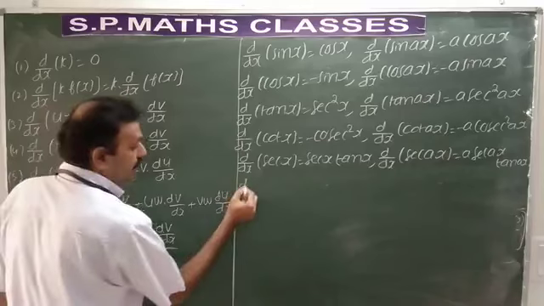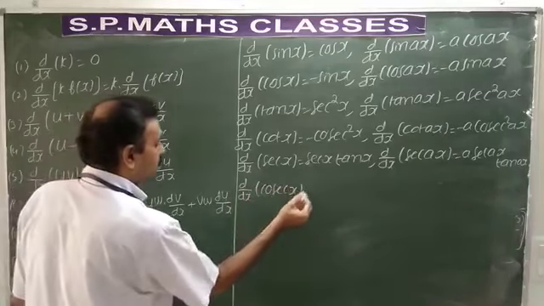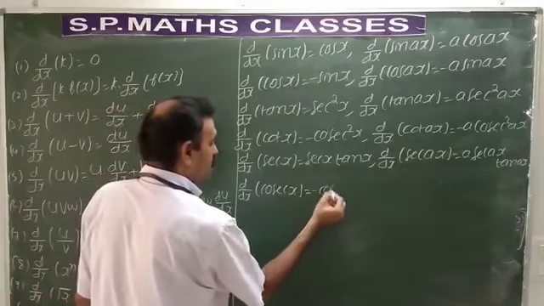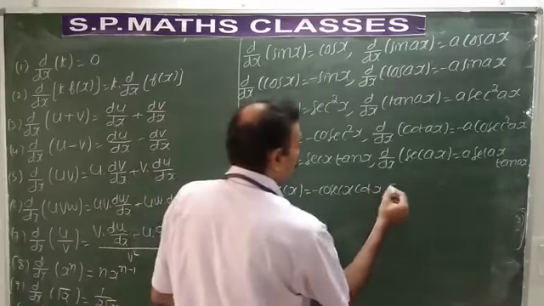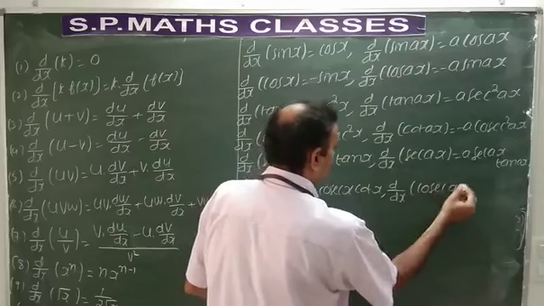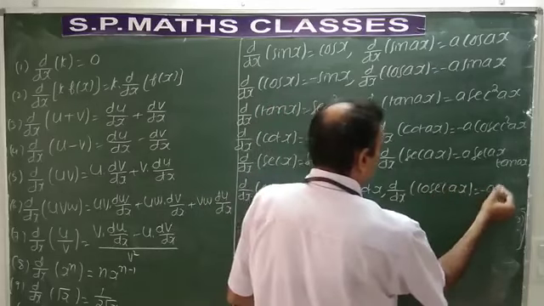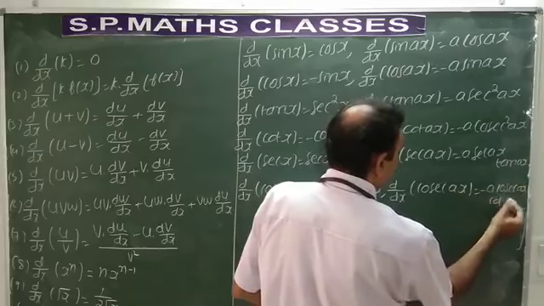Then d by dx of cosec x will be minus cosec x into cot x. If you want d by dx of cosec ax, it is minus a cosec ax into cot ax.